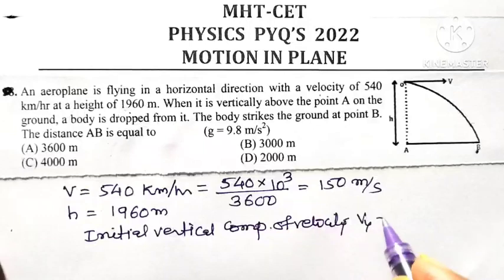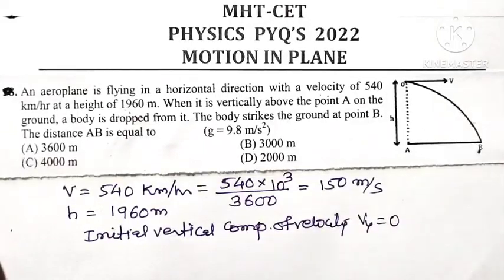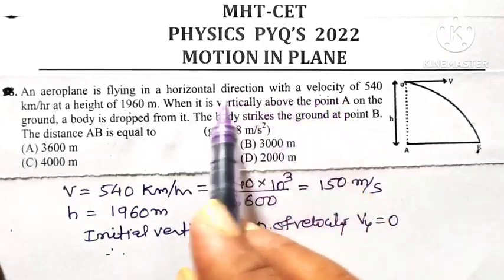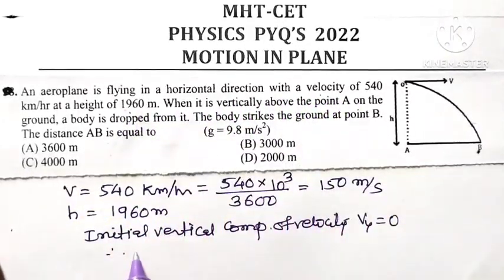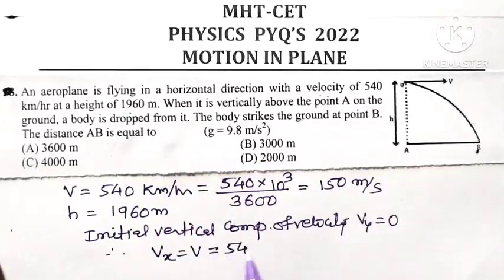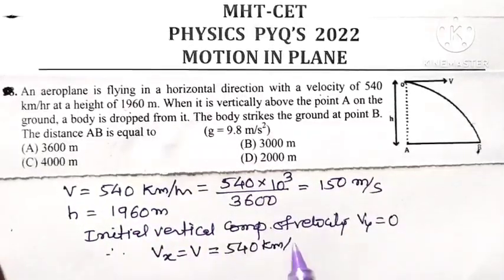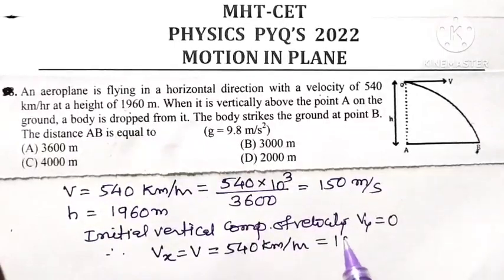The initial vertical component is 0 because it has only a horizontal component. The velocity with which that object is dropped is the horizontal velocity. So the horizontal velocity is equal to 540 km per hour, or 150 meter per second.